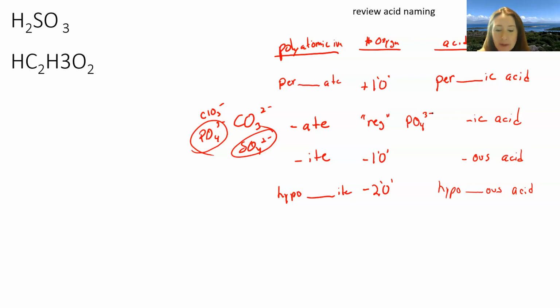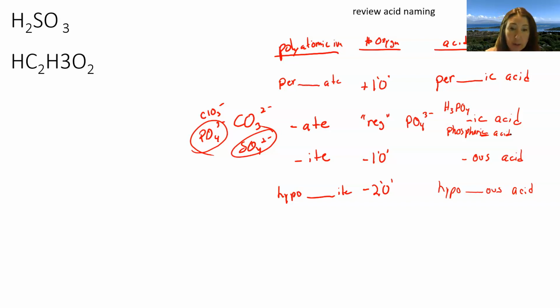It's the same number of H's as the charge. So if the charge is -3, that means we need 3 H's. So it's going to be H3PO4, and it will be phosphoric acid.